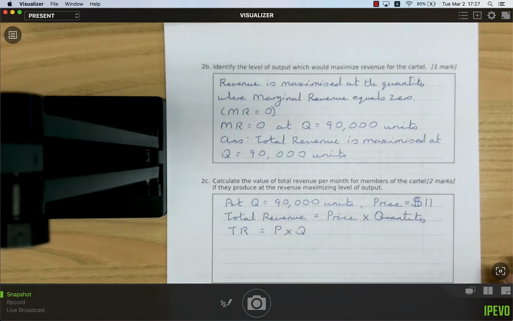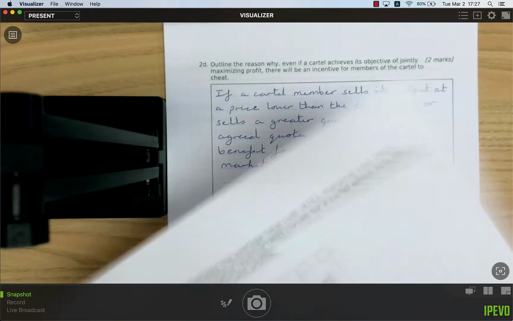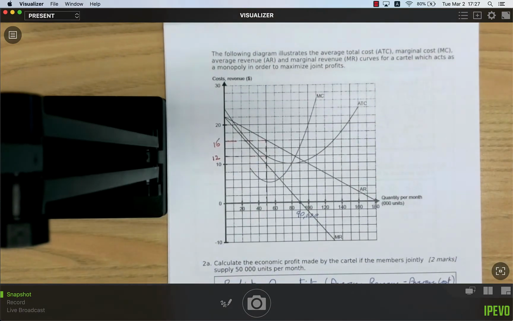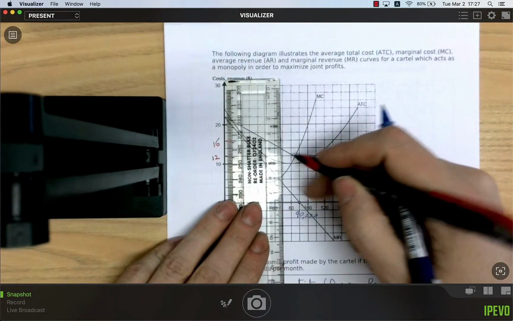Calculate the value of total revenue per month for the members of the cartel if they produce the revenue maximizing level of output. Right, well, we have already established that Q is 90,000. So what we need to do is find the price. Now, I have an issue with this in that it should be crossing at a box where a box crosses, but it's not.